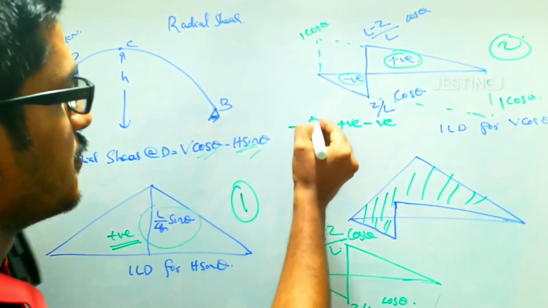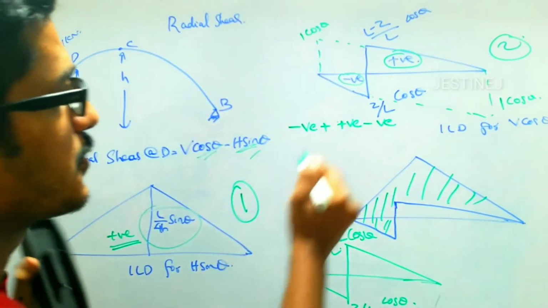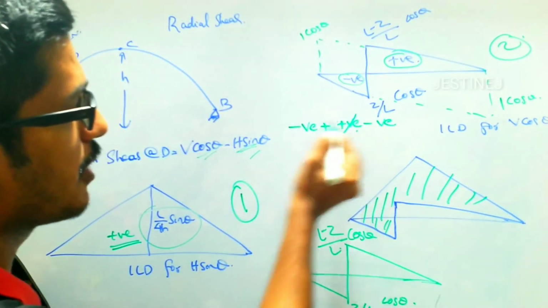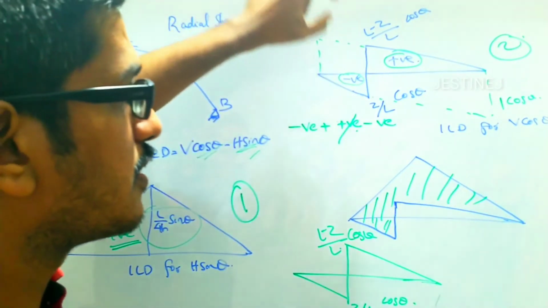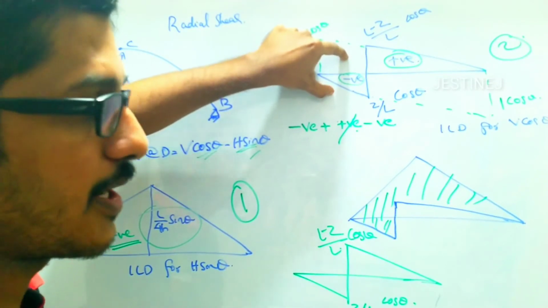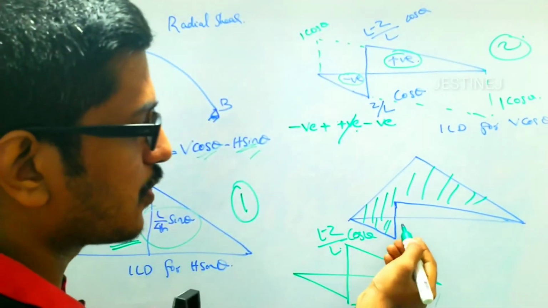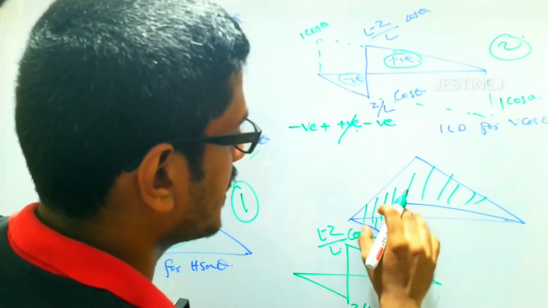If you sum up all these values, you can neglect this positive value. So in this case you should not reverse the diagram. The diagram should not be reversed.